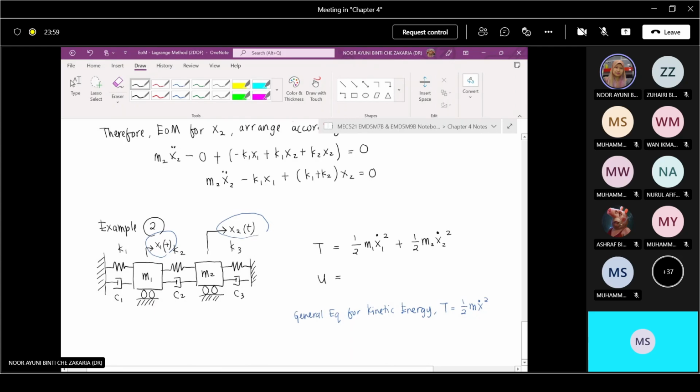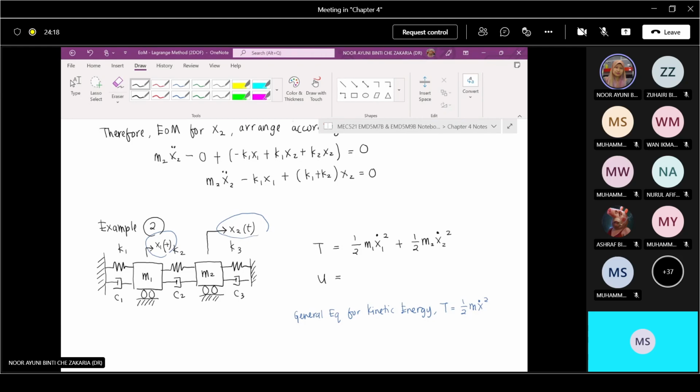If it is a theta, then you go for theta, meaning 1/2 J theta dot squared. Is there any more? No. So we have x1 and x2 only as our movement.